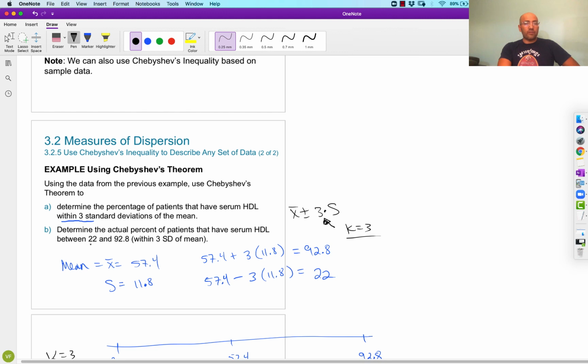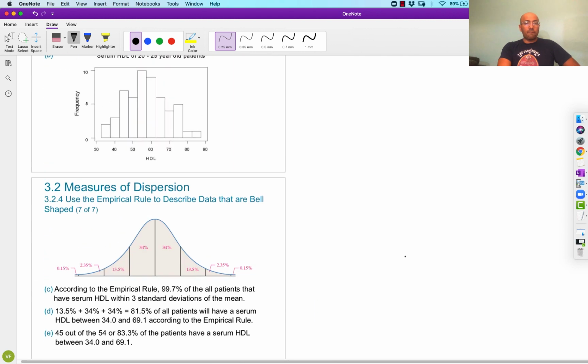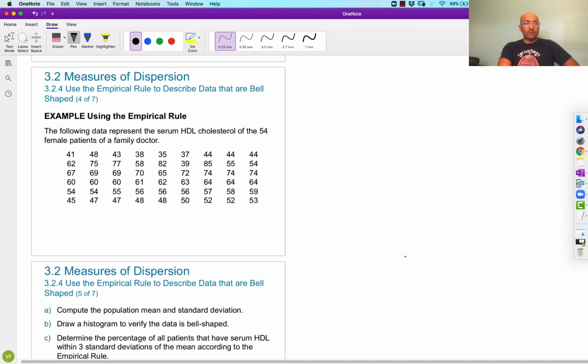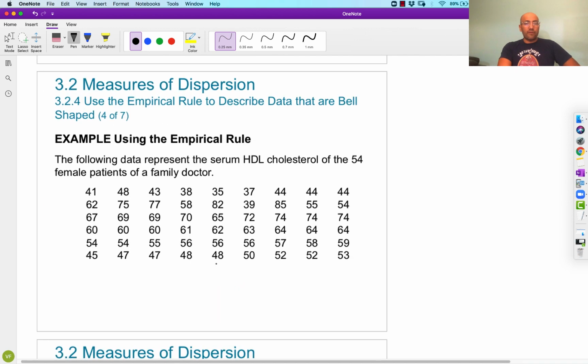serum HDL level between 22 and 92.8. So for that, we're going to have to go up to our actual data points. Let's go back up to these guys. And we want to figure out how many of these numbers actually lie in that range. So we have 22 all the way out to 92.8.